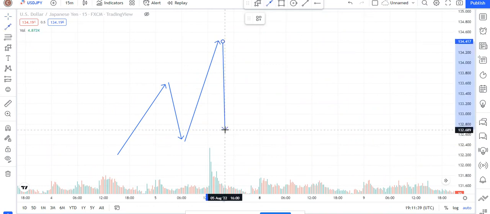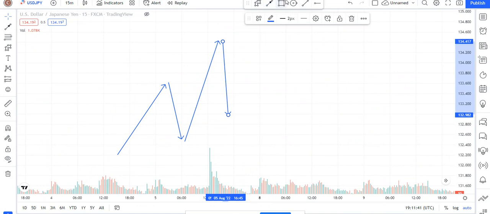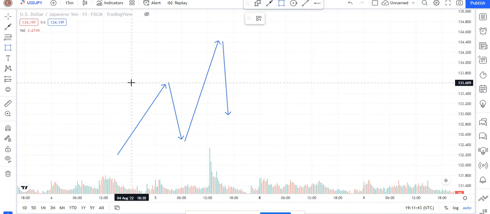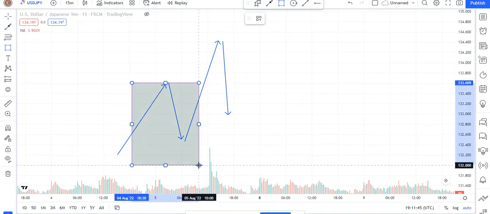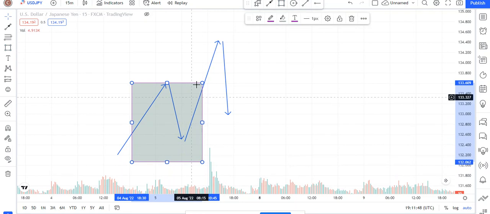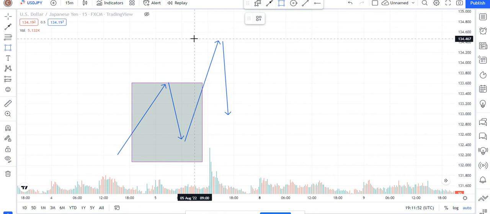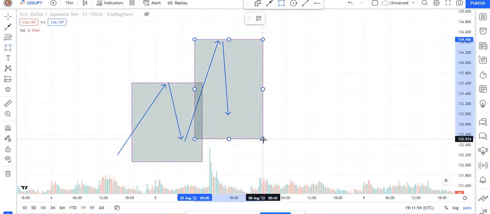All right. So what that means is that this area over here is a range, but once we go out of that range, we have created a new range, and this right here will be our new range.